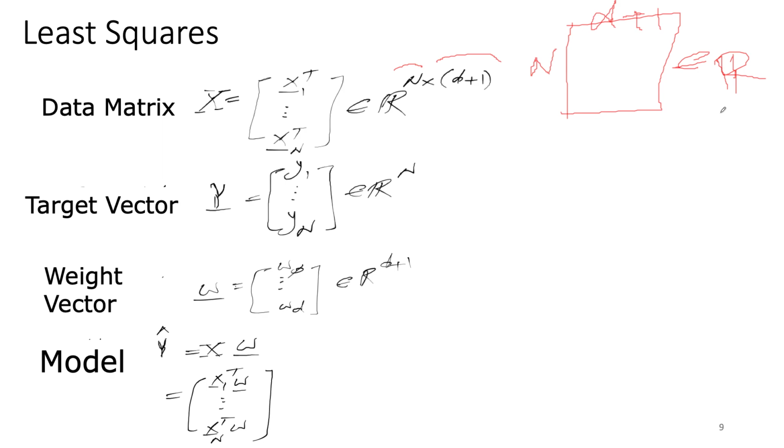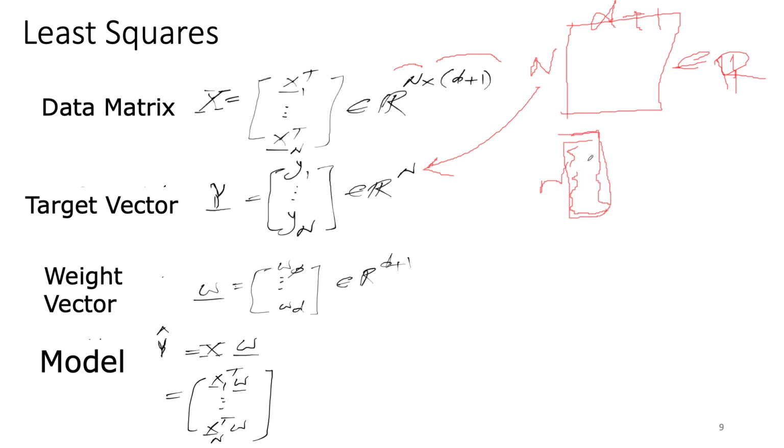Your target Y, which contains all the labels, and in this case we have regression labels, so we call it capital Y, contains all the small y's, y1 up to yn, and they are real-valued numbers, and they are n, right? They should match what you have there, because that's going to be another column here.